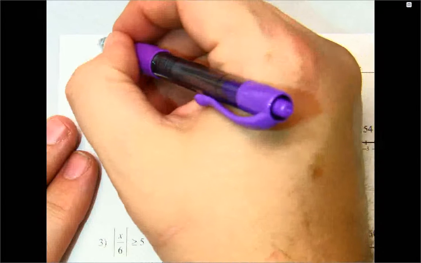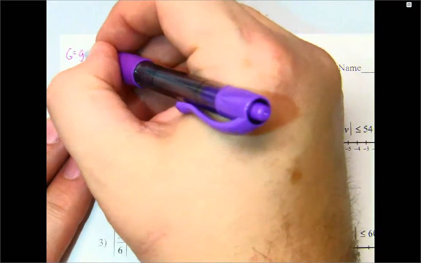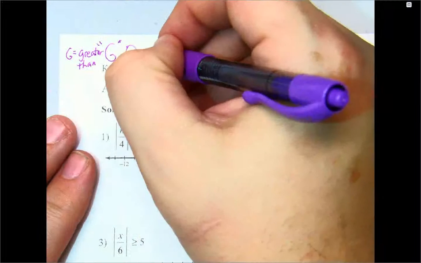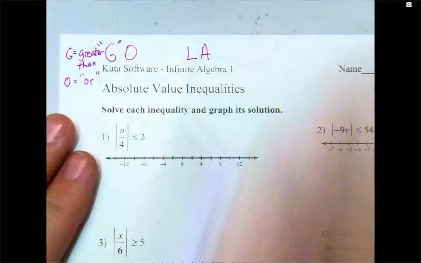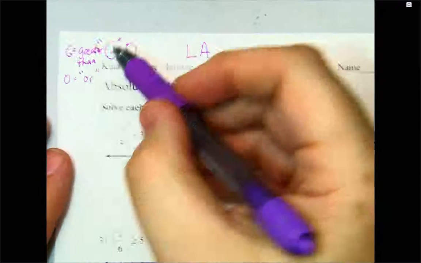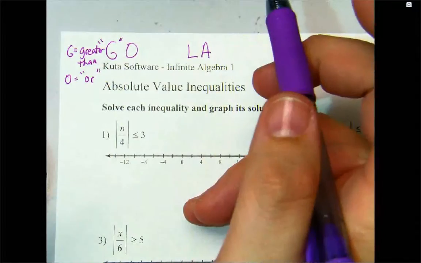If it is a greater than, G means greater than. The O means it's going to be an "or" situation. If it's greater than, we're going to use an "or" inequality, and I'll show you how to set that up.